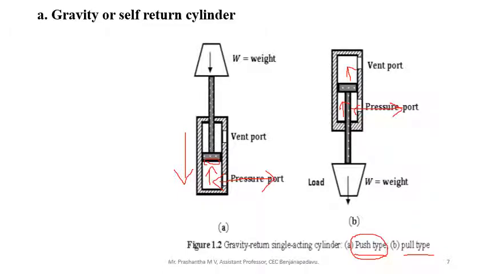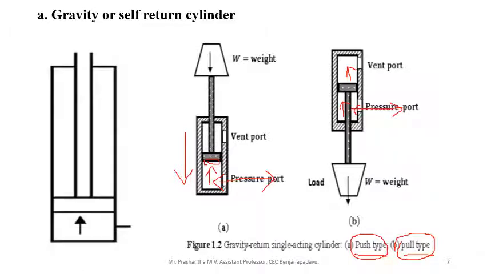It drags the load or lifts the load. So this is the application of pull type or drag type. And this is the symbolic representation of gravity or self return cylinder.